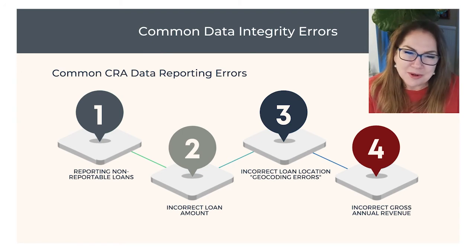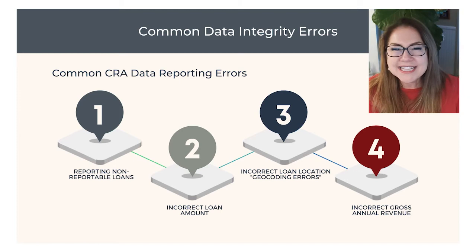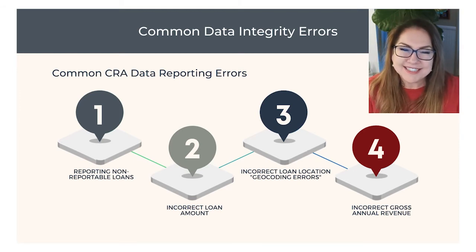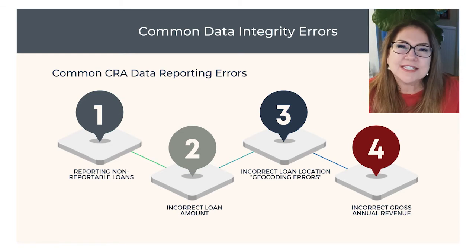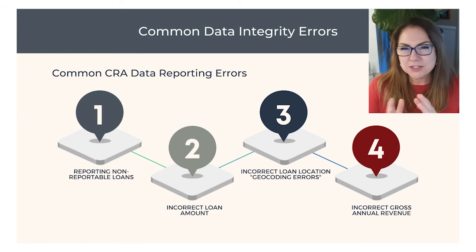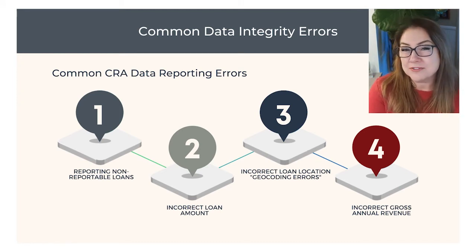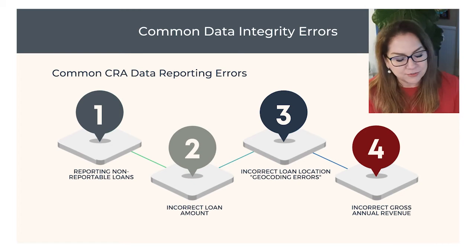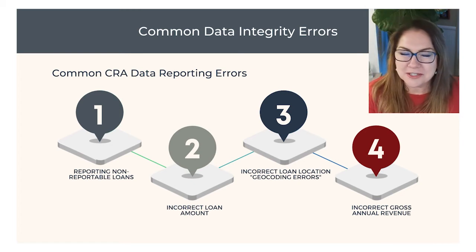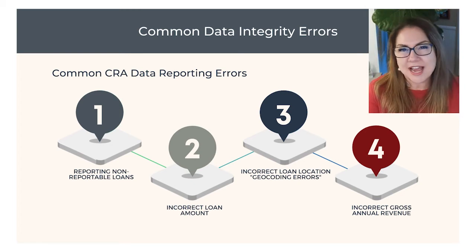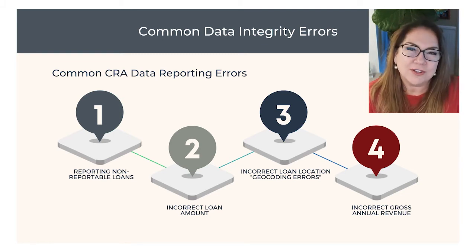The next common error is the loan location, right? So we really want to make sure that you get the CRA address correct. A lot of banks have a special CRA loan address as a user-defined field to make sure that it's not confused with collateral, it's not confused with headquarters, that you really do follow the money.